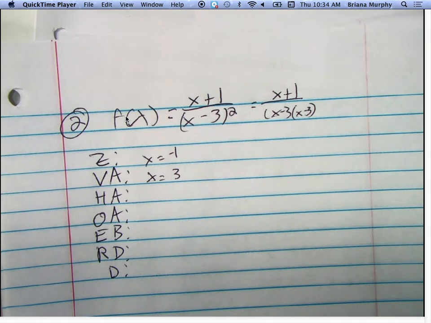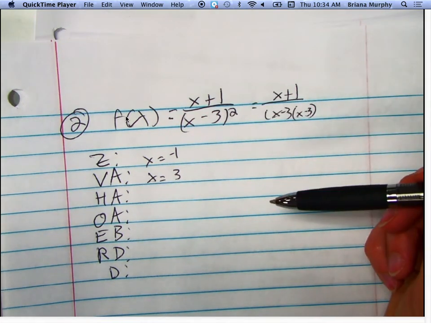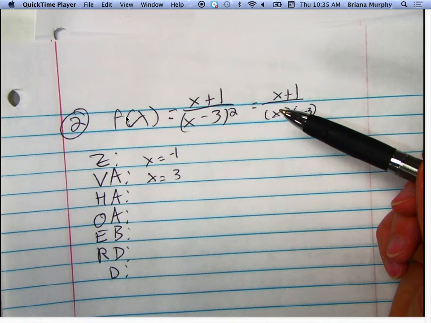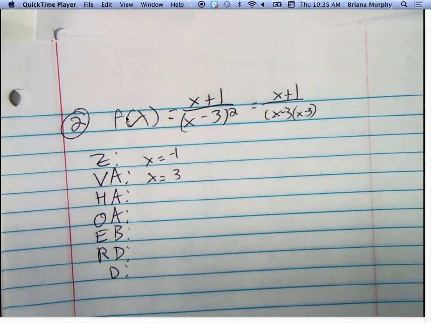Okay. Horizontal asymptote. Remember, we have to go back. Now in this case, what's bigger, the numerator, the denominator, are they equal? Denominator is bigger than the numerator.